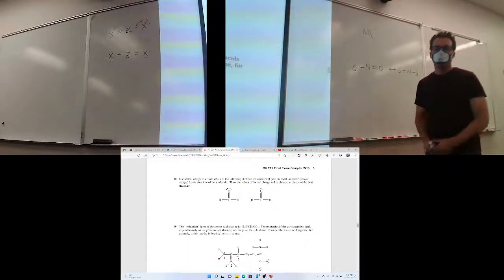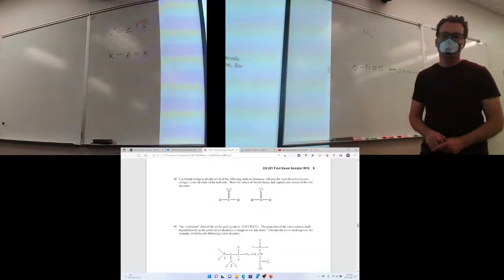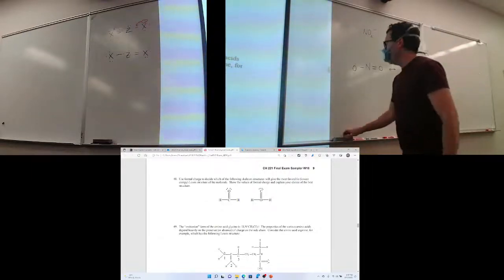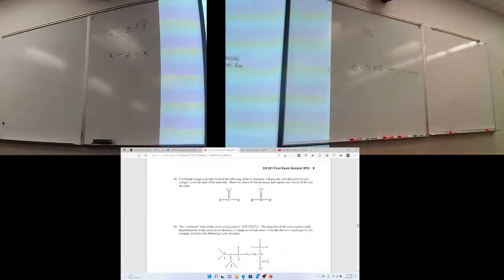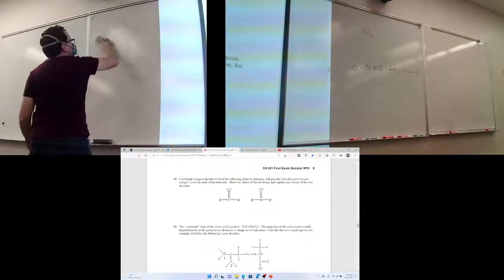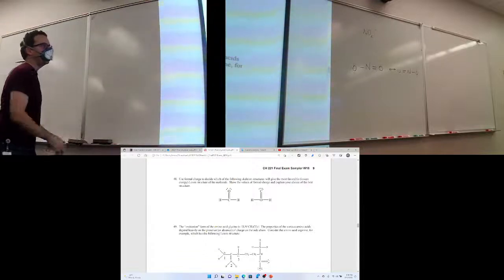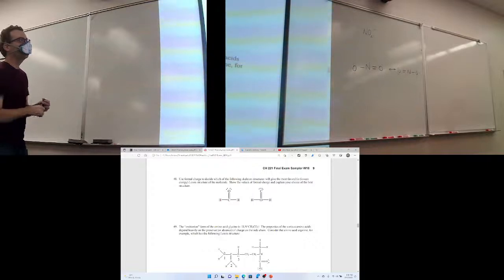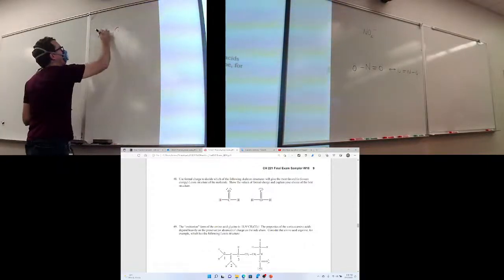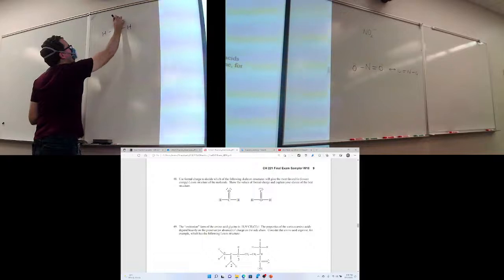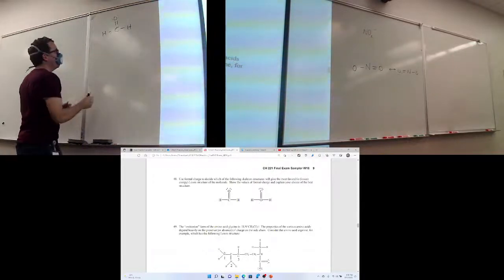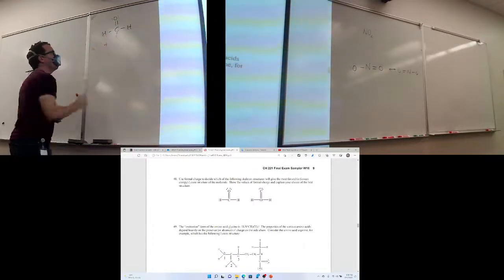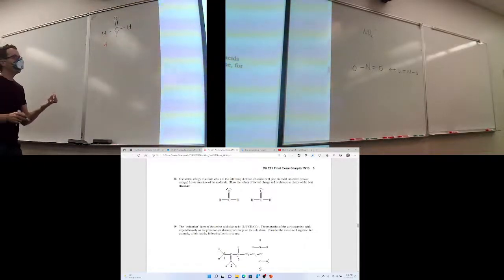Use formal charge to decide which skeletal structure gives the most favorable Lewis structure of the molecule. Okay. This one's not hard. I think you can tell which one is the better structure just from general rules about how many bonds things should have. If I calculate the formal charge on this carbon, the number of valence electrons is 4.